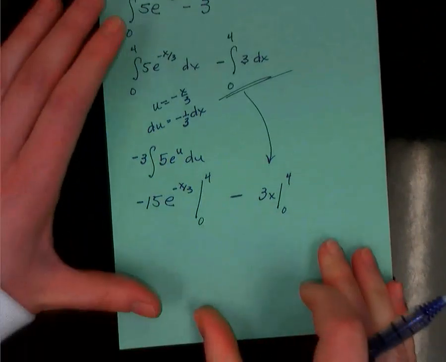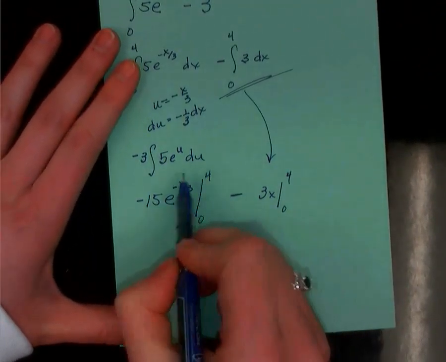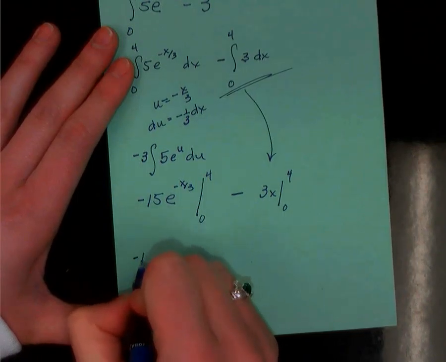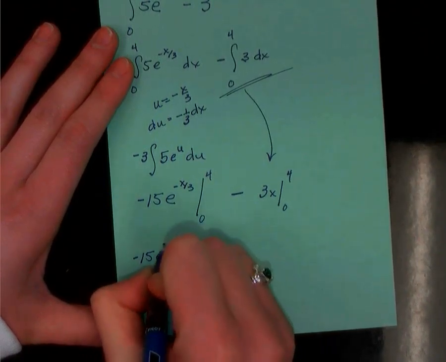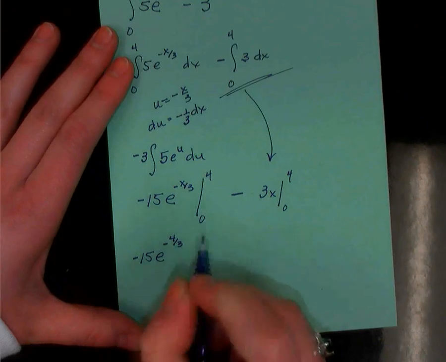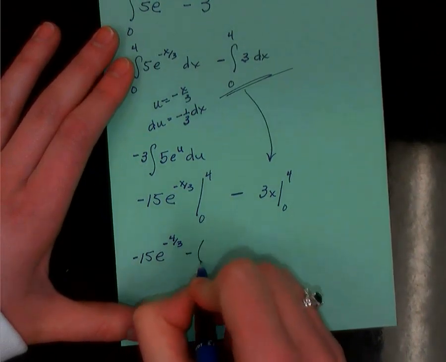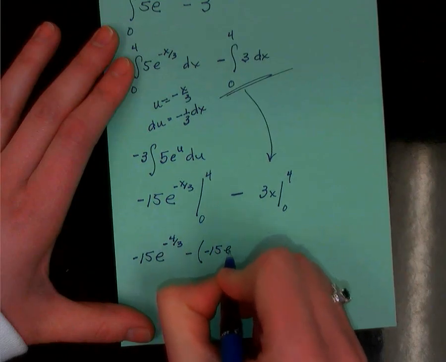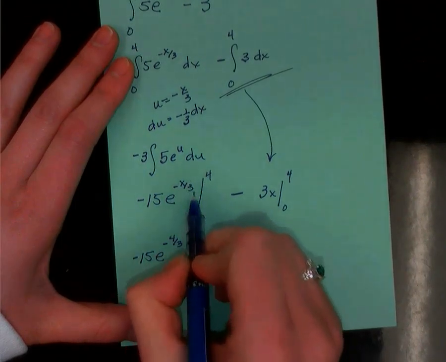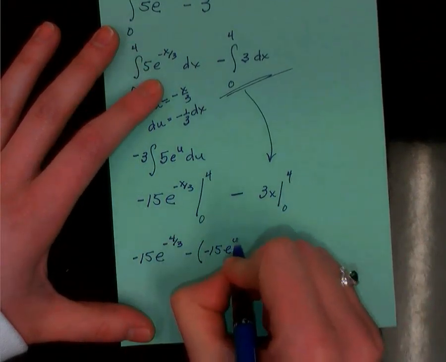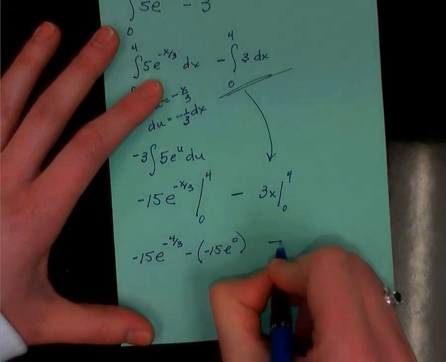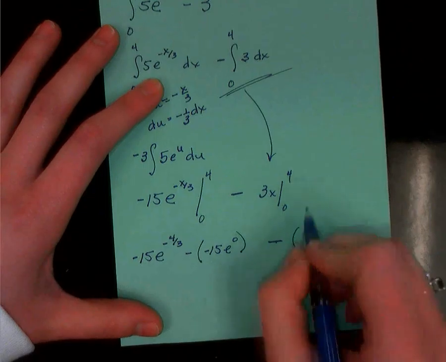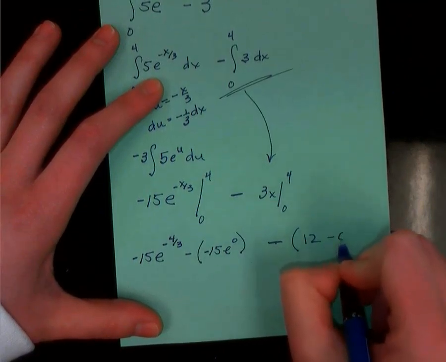So let's see what happens here. I need upper limit minus lower limit. So I get negative 15e to the negative 4/3 minus, when I sub in my lower limit, negative 15e to the negative 0 divided by 3, and 0 divided by 3 is just 0. Minus, this is the subtraction sign, I have to evaluate 12 minus 0.